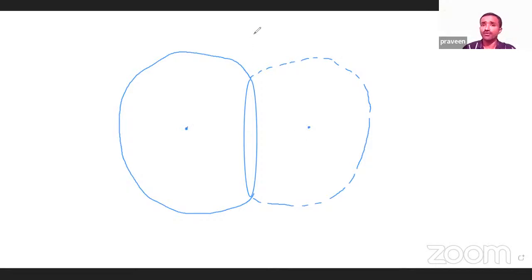We always target the light from the left end to the right end, right? So when I target the light from left to right, the first surface for me is the left surface. Where is its center?